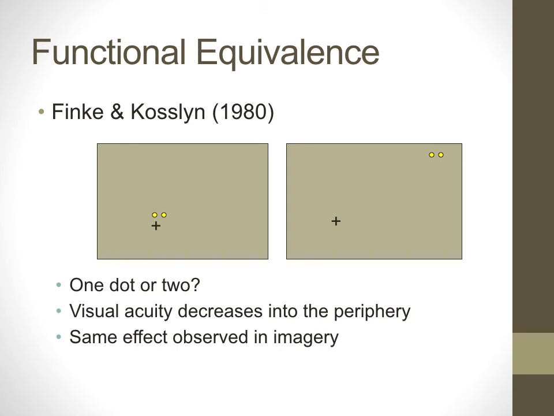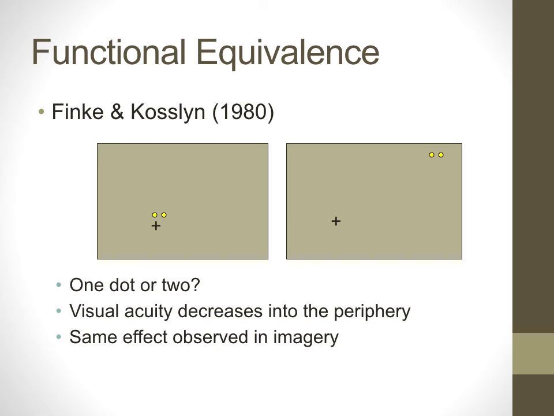So I'm actually going to skip this slide on functional equivalence, but you can read about it in your text, as there are other studies that show that as visual acuity decreases into the periphery, you have the same effect observed in imagery. So if something is right in front of you, in person, you're more likely to see it right in front of you.